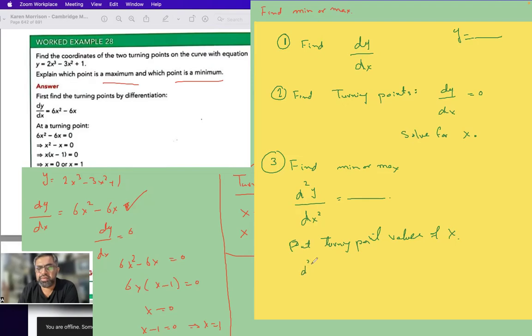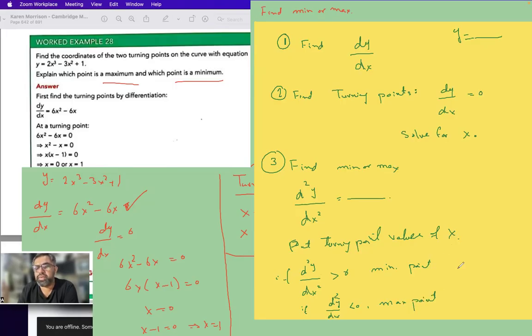If d squared y by dx squared is positive, then this x is a min point. If d squared y by dx squared is negative, that means we have got a max point.